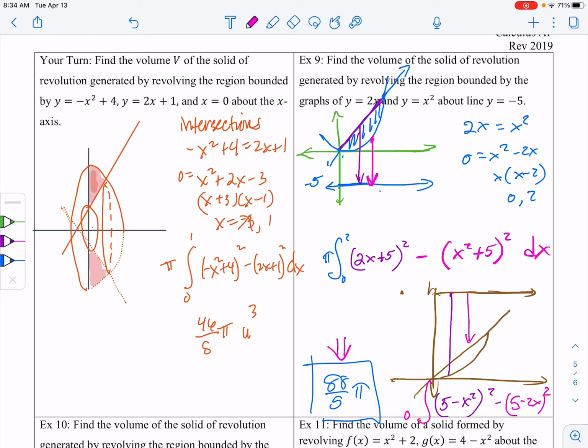And I still integrate, this pi's out here, 0 to 2 dx. So always do top minus bottom. The negatives take care of themselves.